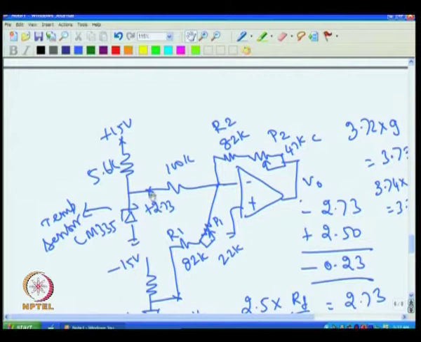Here actually we are summing two voltages, this V1 and V2 are summed. Of course, we are doing reverse summing, and then you are getting the voltage here, and the individual gains also can be varied by varying this, because this voltage is producing output corresponding to the ratio between this and this. This voltage is producing output corresponding to the ratio between this and this. So, not necessarily that all three are to be equal.